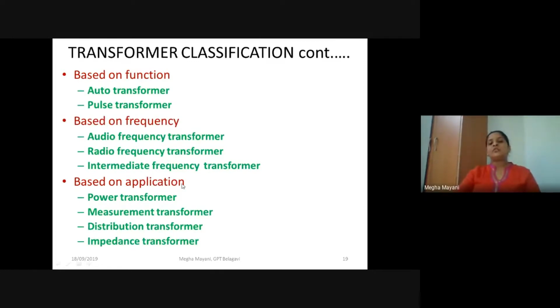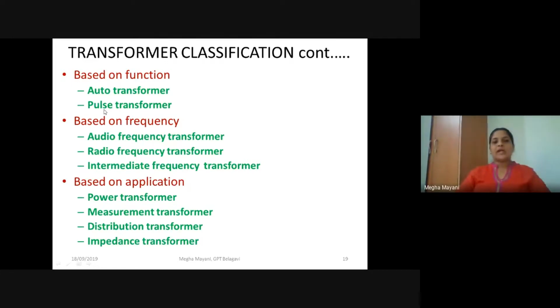Friends, please note, this is not the limit. Still the list goes on. You have again a variety of transformers used in different specific applications. But here I could pick some important types of transformers which are interesting to know for us.